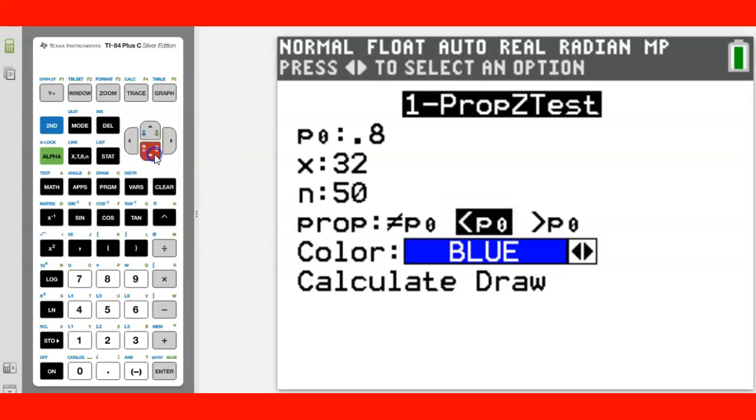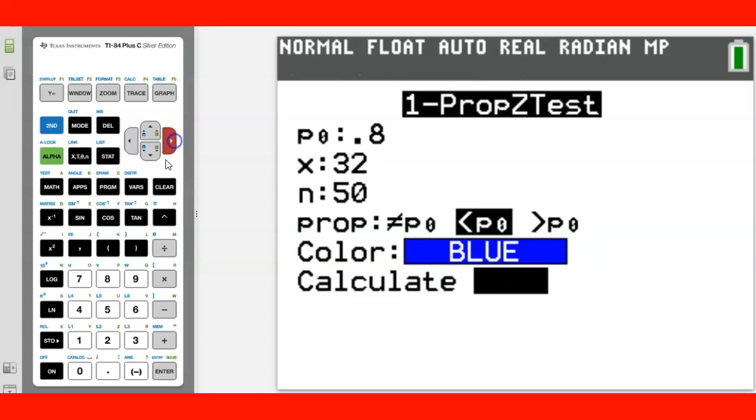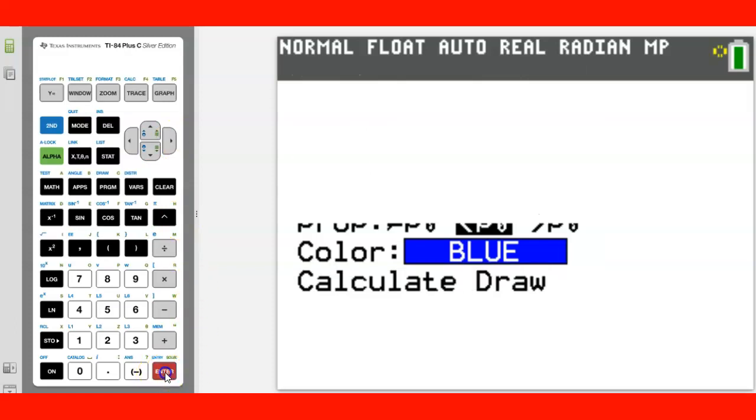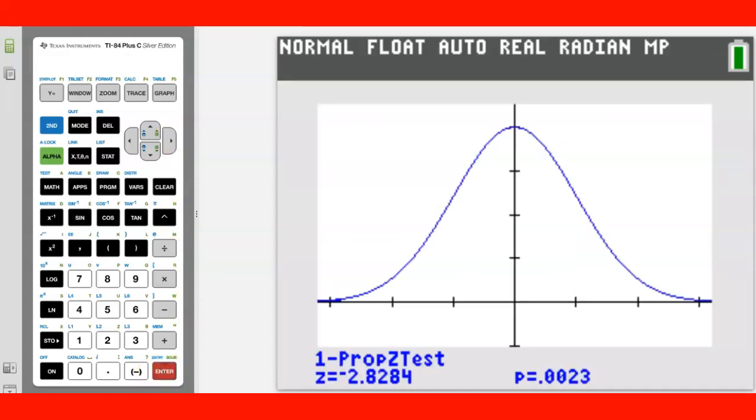Now you can click Calculate, but I'm going to show you why you want to click Draw. Here's what my calculator just did. It said, I'm going to build a world in which I'm going to call this 0 because it's standardized. This is what the sampling distribution would have looked like for an 80% free throw shooter. It's hard to tell, but it's shaded down here at negative 2.8284. Does that sound familiar?